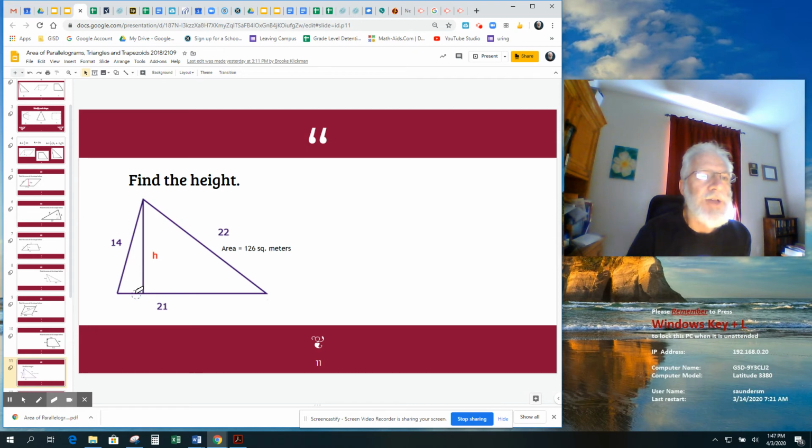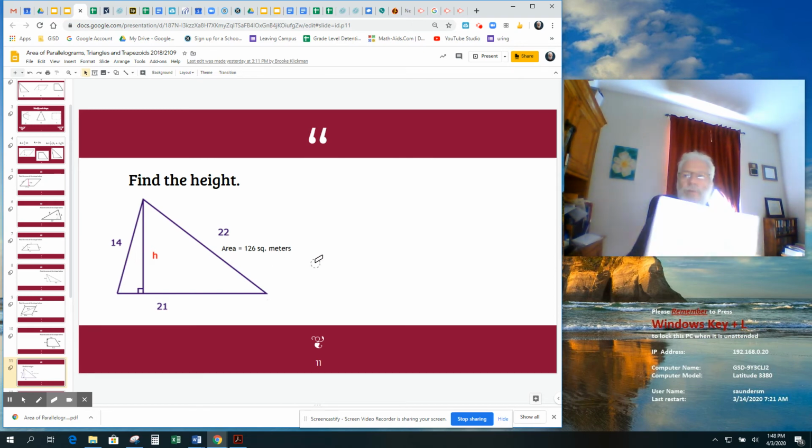This is the perpendicular height of this triangle going from the base to the top of the figure, but they didn't tell us a number. It's just a variable H. And the base is 21, and they gave us the area is equal to 126 meters. So I start out with my formula.